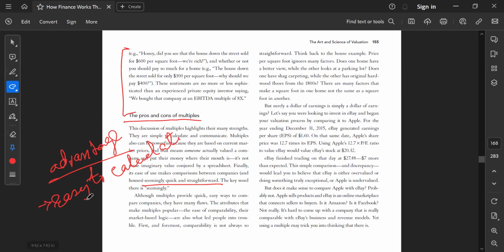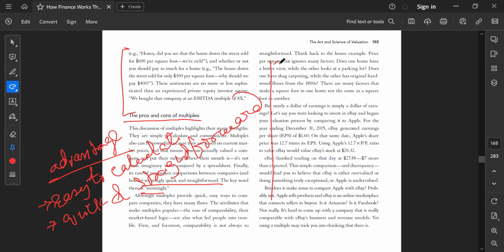That is the key. Easy to calculate, quick and straightforward. But here it underlines a word, that is seemingly. Now it seems quick and straightforward, but in the real scenario, it is not.